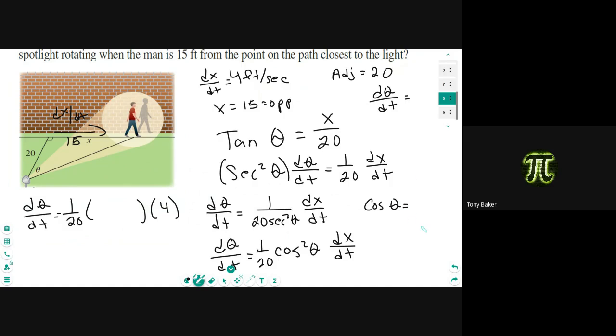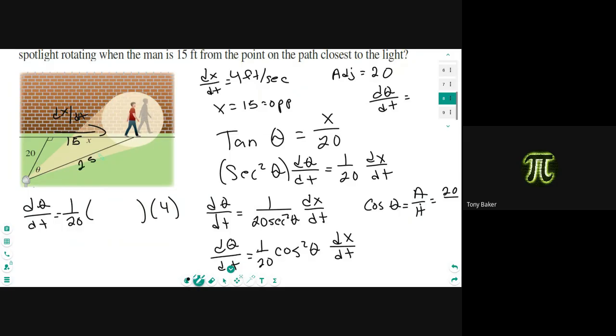So to find cosine of theta, I need adjacent over hypotenuse. So I need my hypotenuse. I know my adjacent is 20. I'm just going to do the Pythagorean theorem. So it's the square root of 15 squared plus 20 squared, which equals 25, because again, it's another 3, 4, 5 triangle.